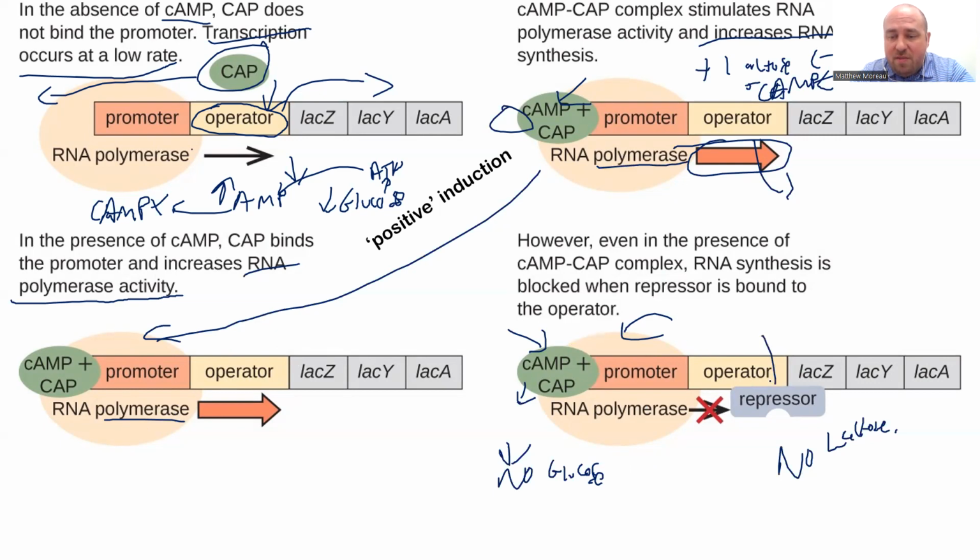However, the presence of that repressor causes the RNA polymerase to stall, and then eventually the RNA polymerase complex to dissociate, and therefore there's no transcription. And so RNA synthesis is blocked when this occurs.